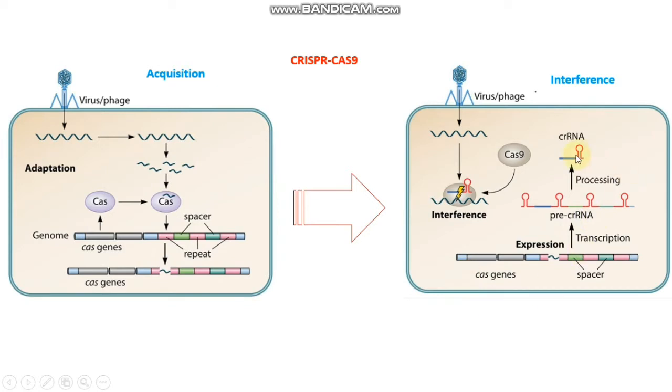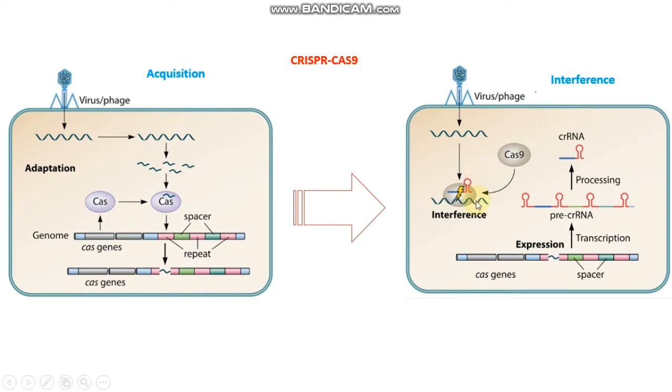That small segment of the CRISPR RNA associates with the Cas9 protein, and when the phage virus attacks a second time and contains the same genome, that genome contains the sequence that matches the CRISPR RNA. The CRISPR RNA has the complementary sequence of the viral DNA, and it binds with that viral DNA.